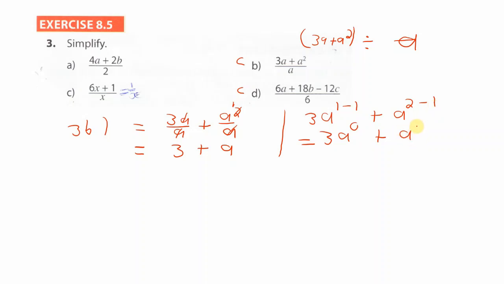We don't write the invisible 1 by convention. And now anything to the power 0 is simply 1. We still have this a. 3 times 1 is 3, so we have 3 plus a. So we get exactly the same answer, but we can see it's a bit of a longer process.